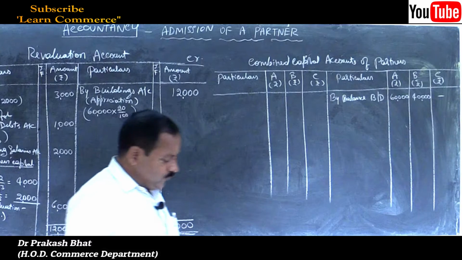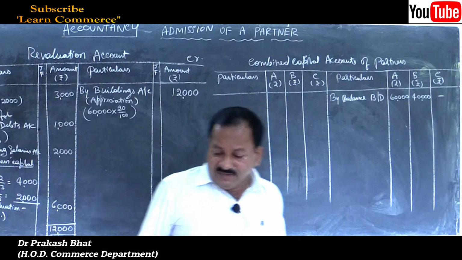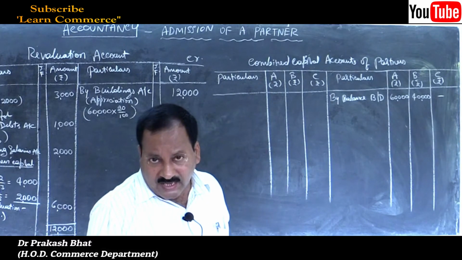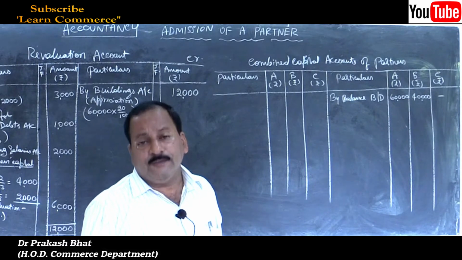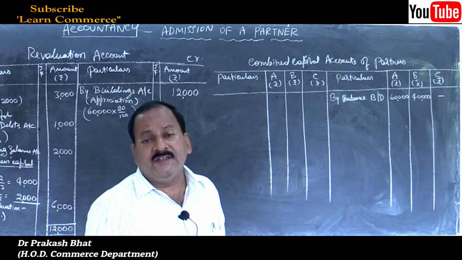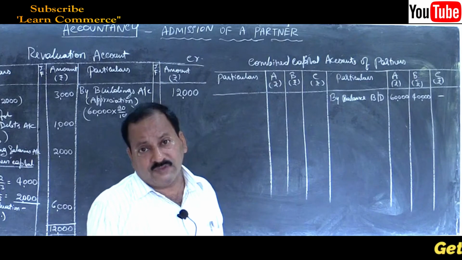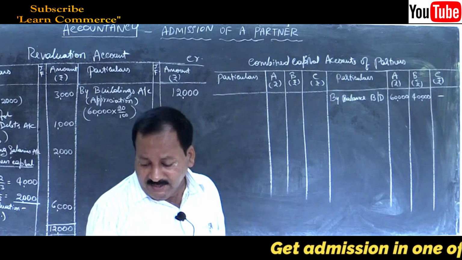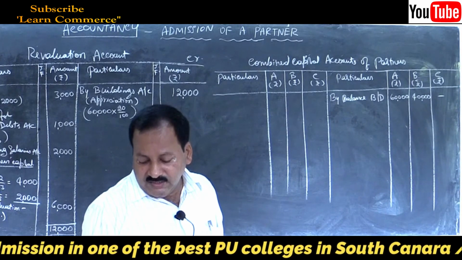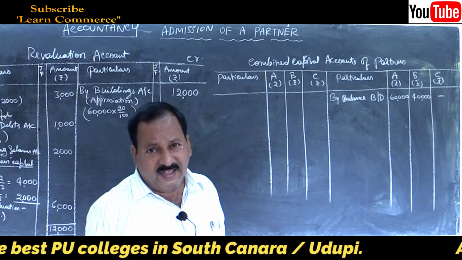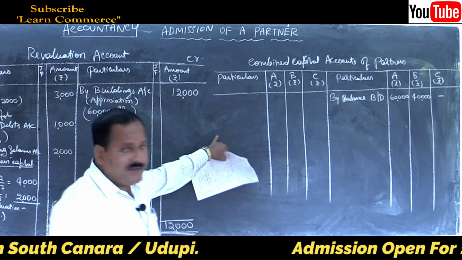Then, what should be the next entry? Refer to the old balance sheet. Are there any accumulated reserves, profits, funds, or any losses? Refer to both sides, asset side and liability side. If you refer to the asset side, there are no losses, only the profit and loss account. If it is there, it should be entered on the debit side of capital accounts.